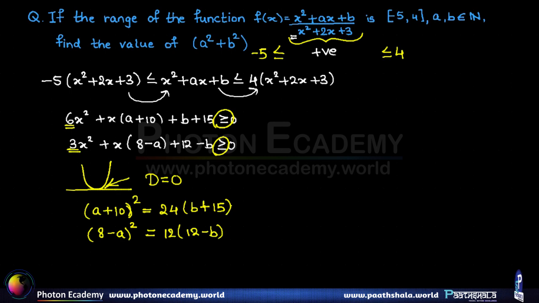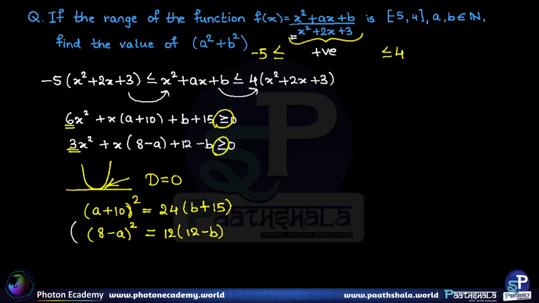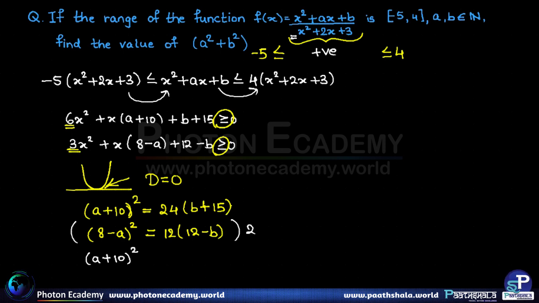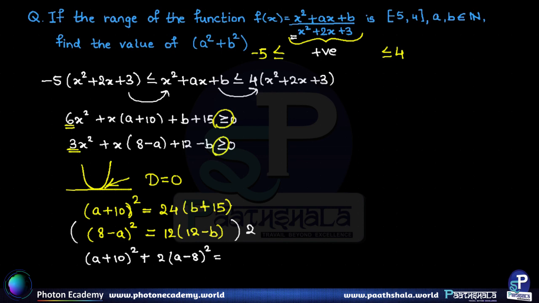Now let us multiply the second equation by 2 and add, so that we will be eliminating b and we are left with (a plus 10) square plus 2(a minus 8) square is equal to 12 square into 2 plus 24 into 15.